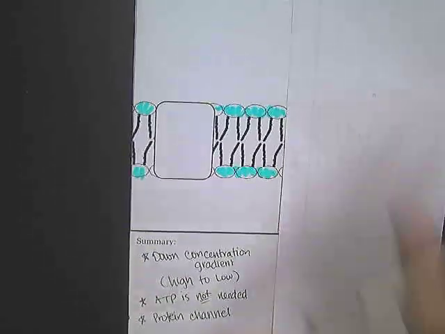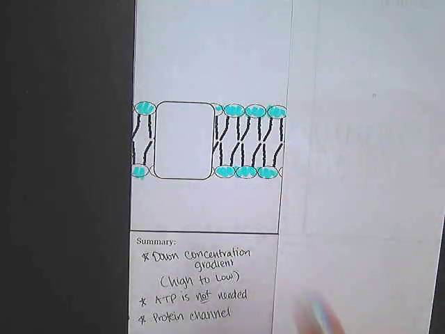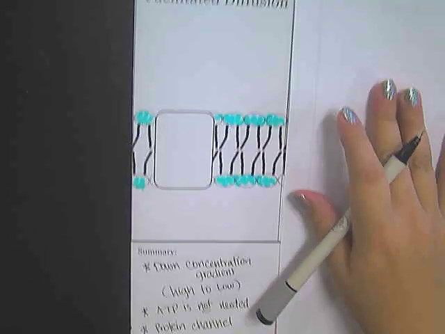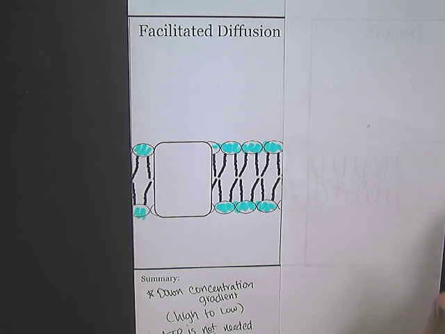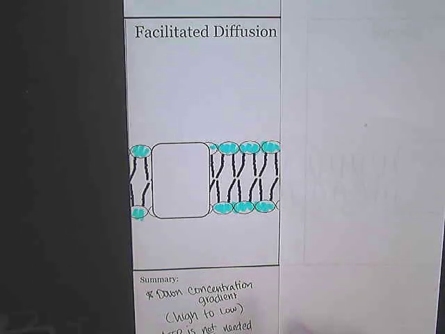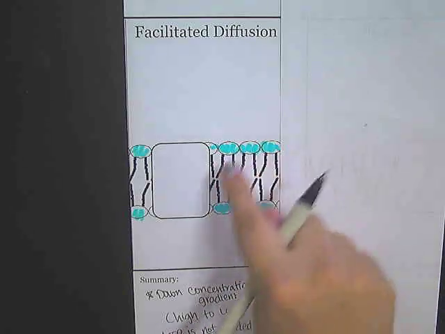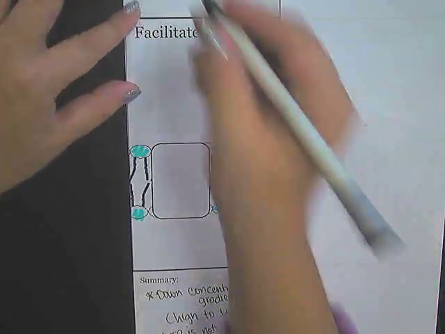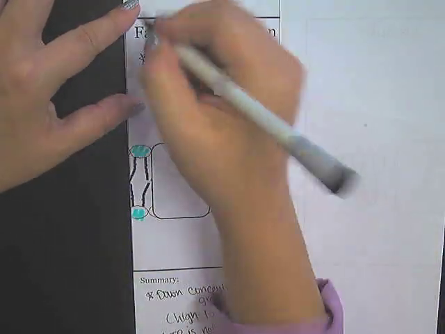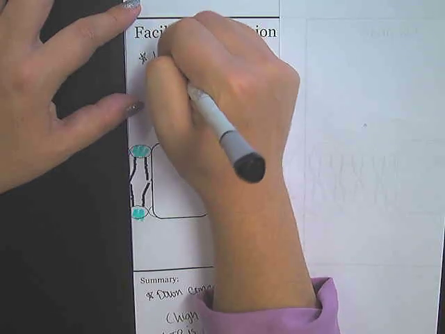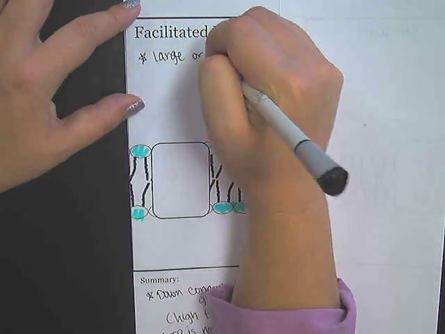So we're going to look at the types of molecules that should cross the membrane down their concentration gradient with no additional energy required, but they're going to be blocked by those hydrophobic tails. So now we are looking at molecules that are either large or have charge.